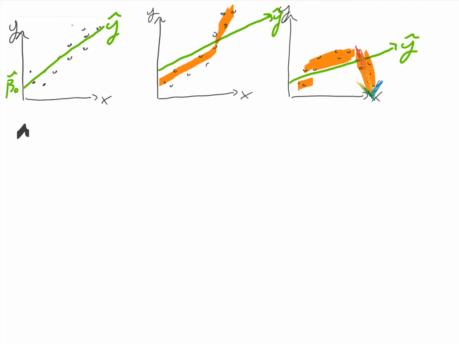Well, let's say that we have this relationship that I drew in the second panel, where it's exponential. So the relationship between x and y is some sort of exponential function. What might that function look like if we drew it out? Well, maybe it would look something like this.